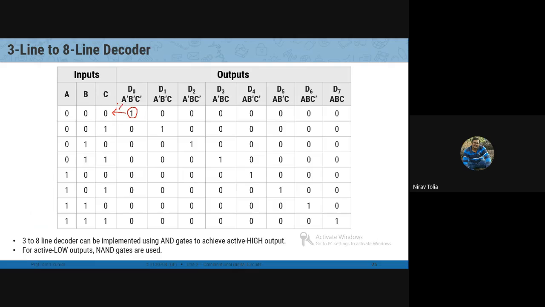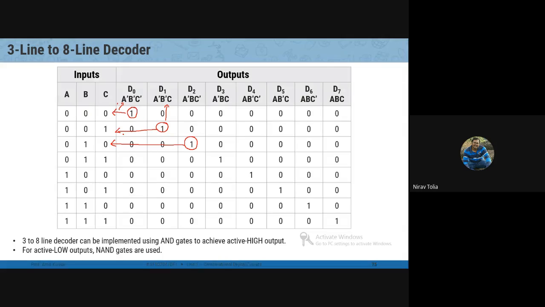Again, D1 is activated only a single time, and at that moment my input is 0, 0, 1. So A0, B0, C1, so A bar, B bar, C. Also D2 is activated only a single time, when the input is 0, 1, 0.